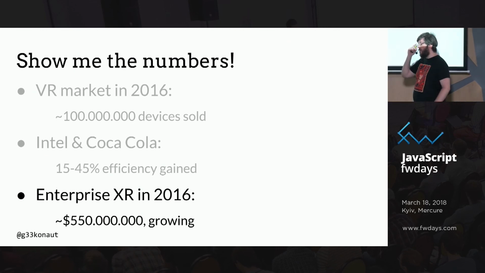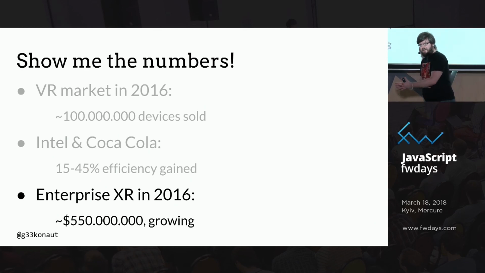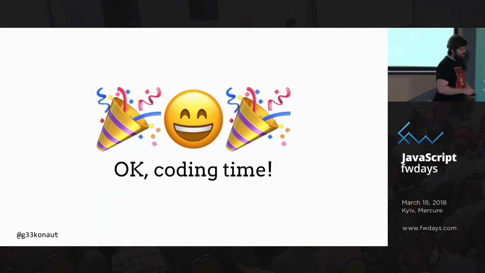So the market is growing, which means people want to go in there, but they're not there yet. And guess what that means? If I want to have a software product, but I don't have it yet, I have to pay developers. We are developers. This is good.